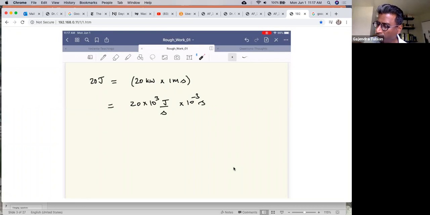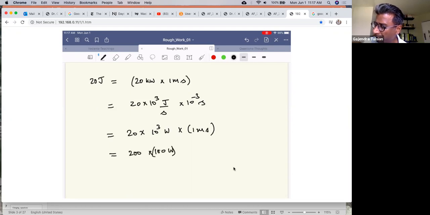But what does this mean? This is 20 into 10 to the 3 watts into 1 millisecond. So this is 200 into 100 watts into 1 millisecond.